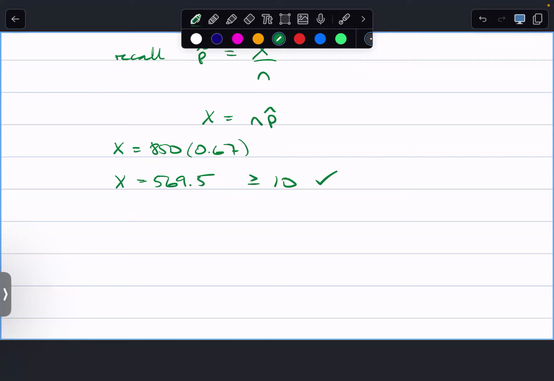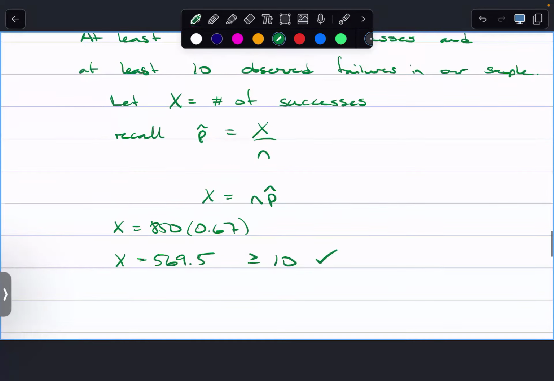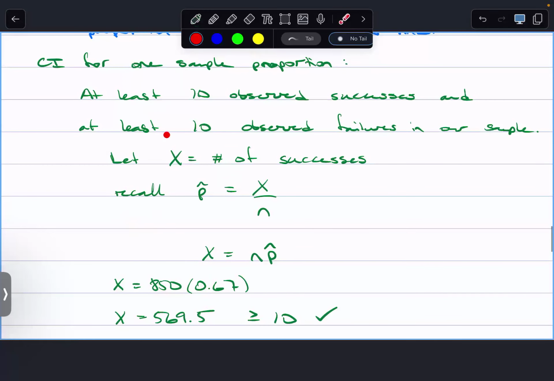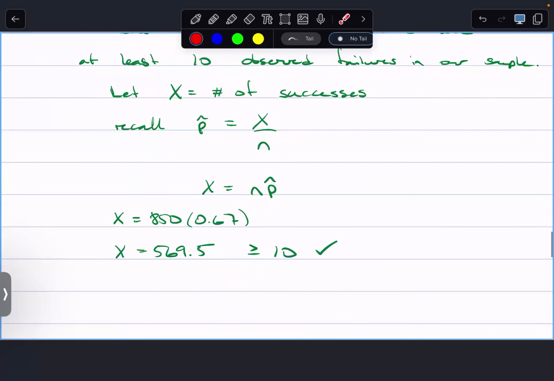So I have at least 10 observed successes, and the flip side was that I have to have at least 10 observed failures. Now, since I have X, if I know that 569.5 out of 850 were successes, then of course the remainder would have to be failures.